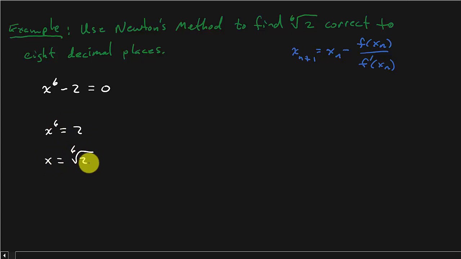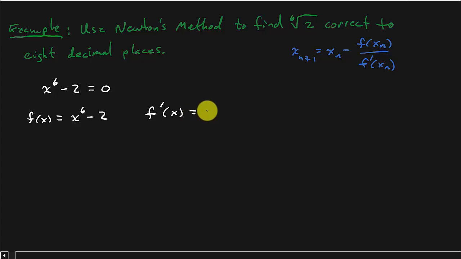And that's what we're looking for. So you can just work backwards to get your equation. All right, so now we have f of x is equal to x to the 6 minus 2, and f prime of x is equal to 6x to the 5th.